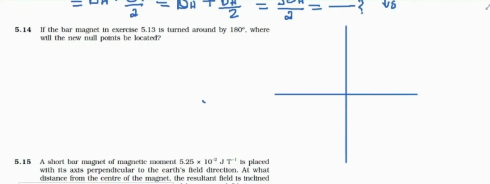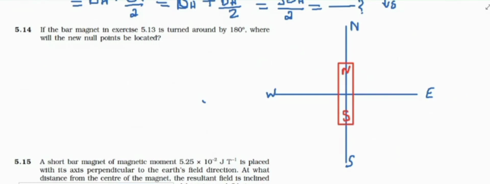The bar magnet is placed there. Now it is rotated through 180 degrees. So here you will get north pole and here south pole.